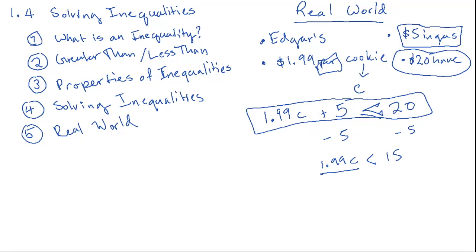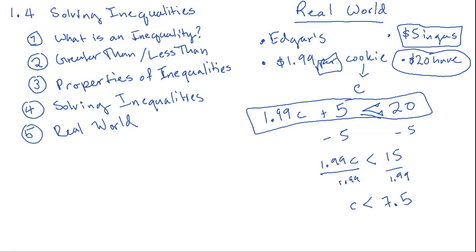We can divide by $1.99, and then C is going to be less than, and I'm going to round to the nearest tenth, 7.5. Okay, so the most amount of cookies that we can get would be 7.5 cookies. Or I guess the most whole cookies we could get would be 7 cookies.